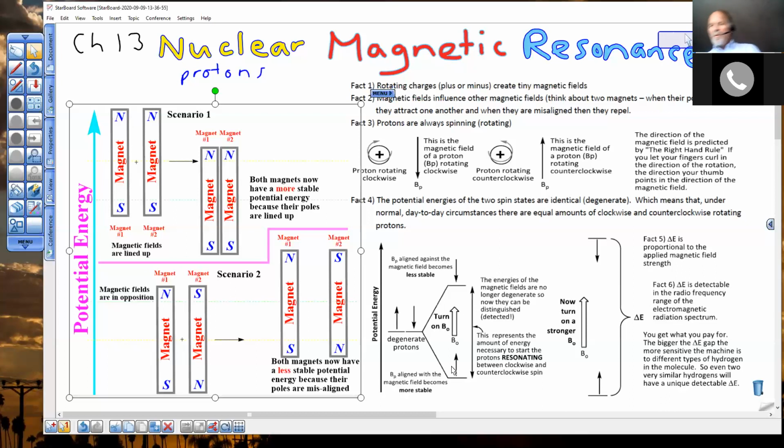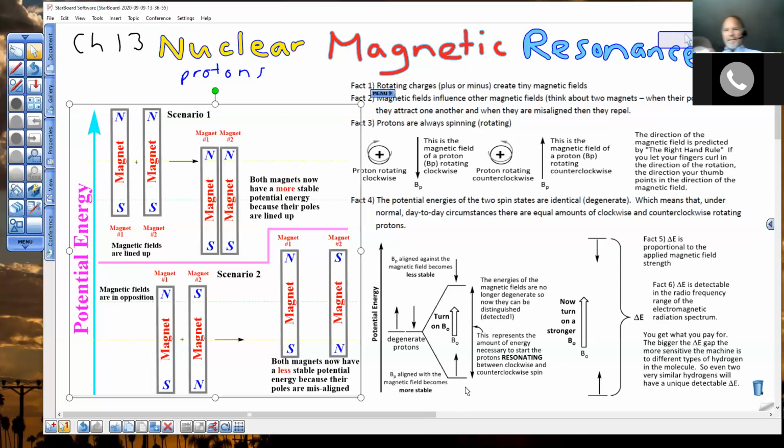But you're continually pulsing it with that energy, the right amount of energy, to cause it to go back up here, and then it relaxes back, and you're going here and relaxes back. This is called resonance. You're going from one spin state to the other by applying the exact amount of energy that corresponds to the gap from here to here to cause the proton to switch spin to here, and naturally on its own it will come back.